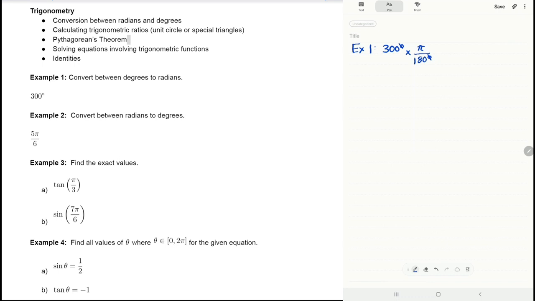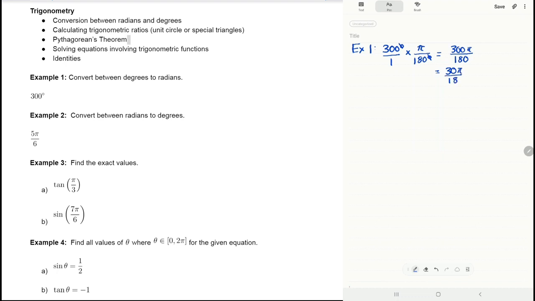Okay, so we can simplify this by multiplying our fractions. So we have 300 pi over 180. Okay, so we can simplify this. So we have 30 pi over 18.